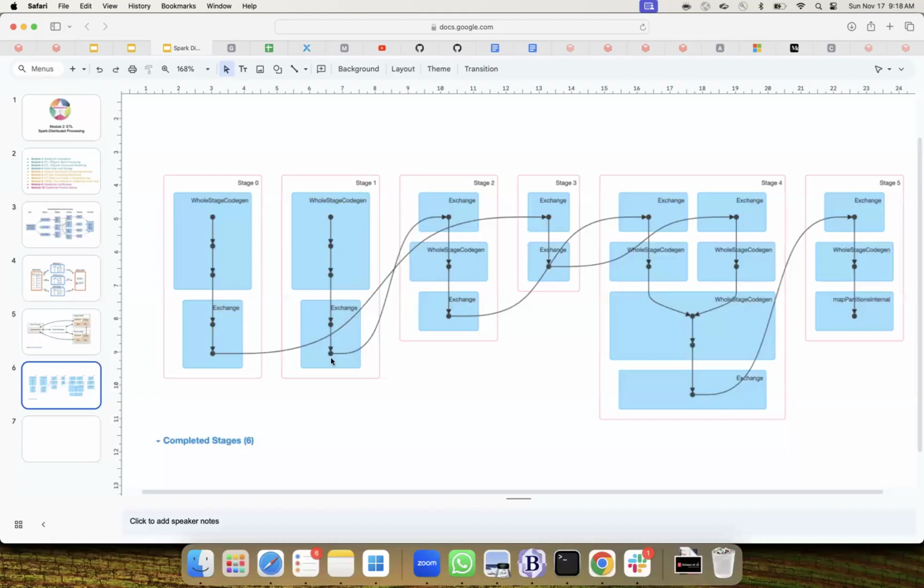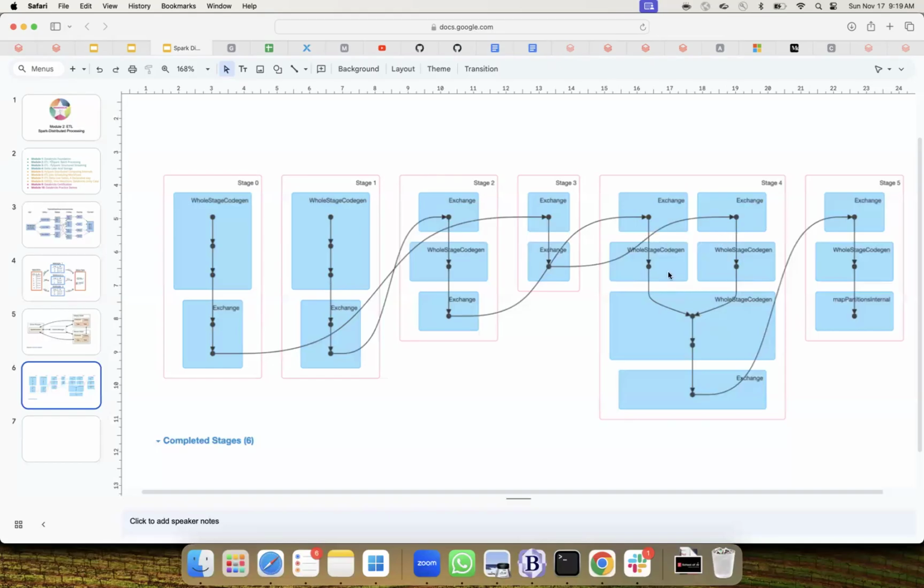It has read both the files. Then from here, there is some shuffling exchange. So it has done repartition of the first file, then it has done repartition of the second file maybe. So there are different stages that are created. Then we have taken both the files and did a join here. So there's another stage.